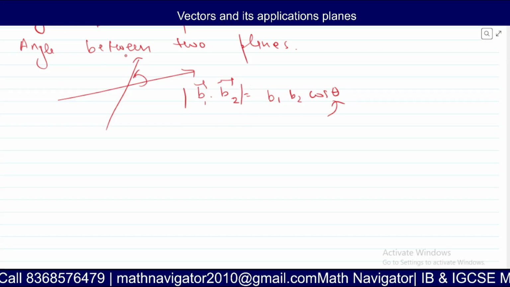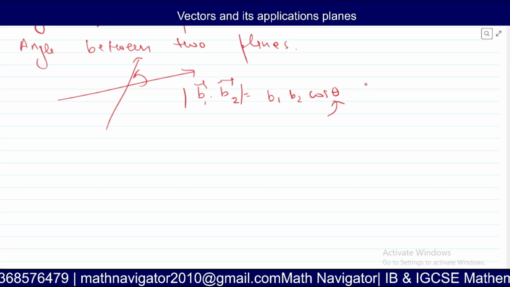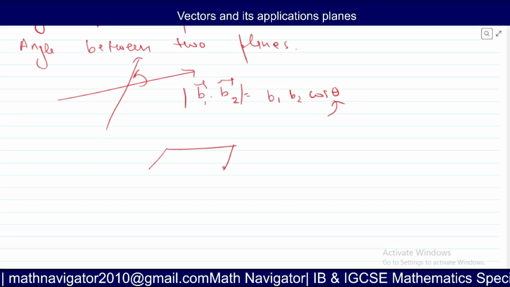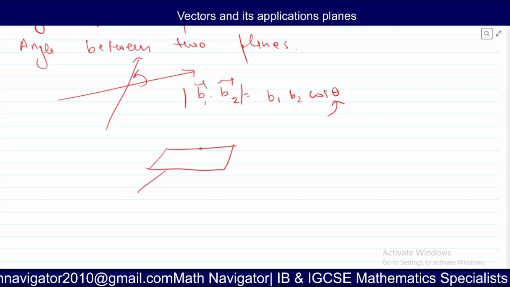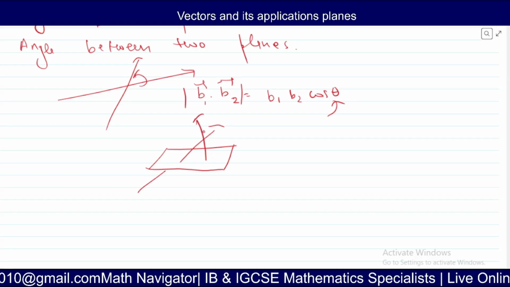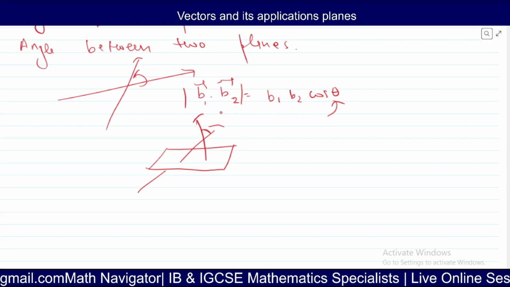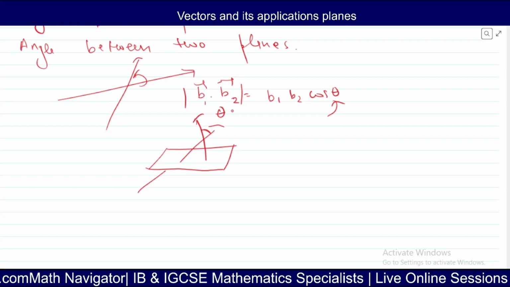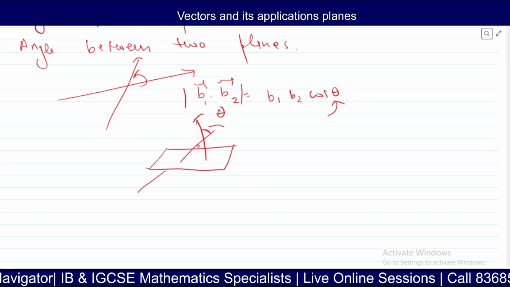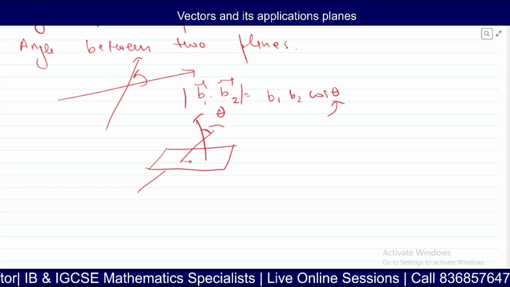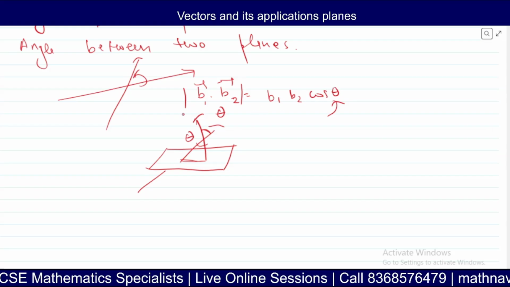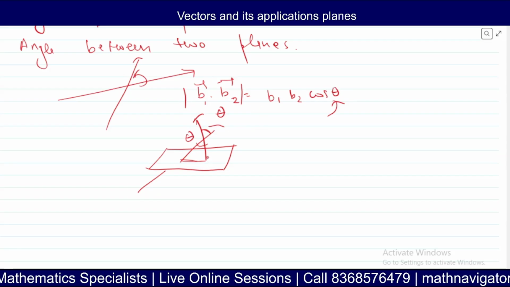Whenever you have an angle between a line and a plane, you have to use sine here. Why? I'll tell you. Let's say this is the plane and this is the line passing through the plane, and this is the direction vector of the plane. The angle between the line and the plane is this theta. The angle between the line and the direction vector is this, but I want this angle. Got it? Which is 90 minus theta, a vertically opposite angle. This angle is 90 degrees.